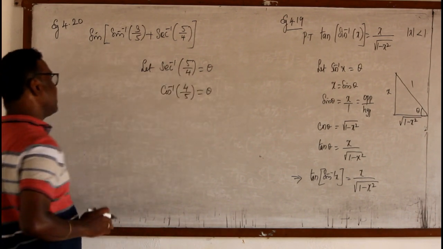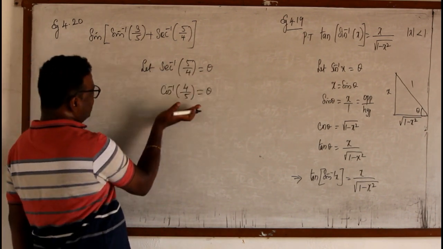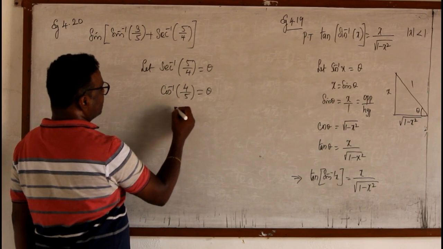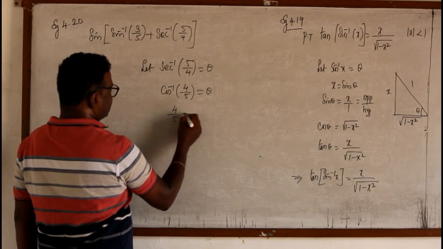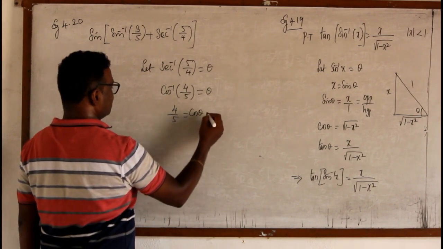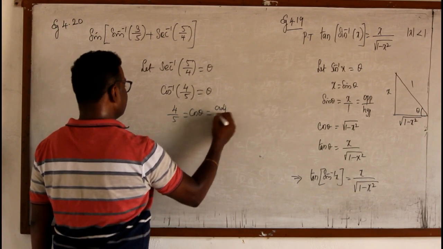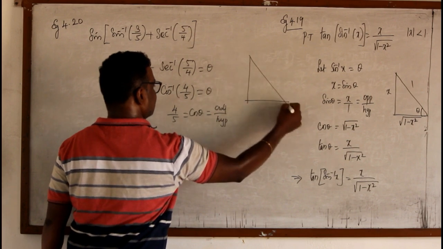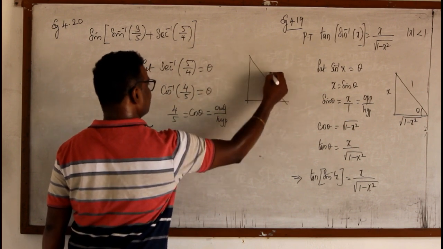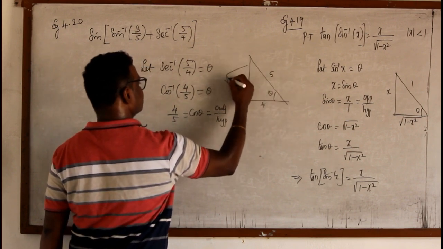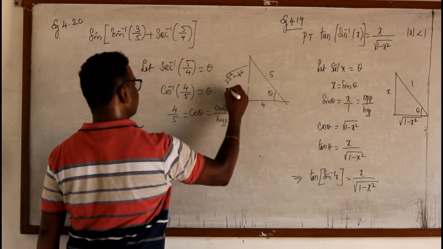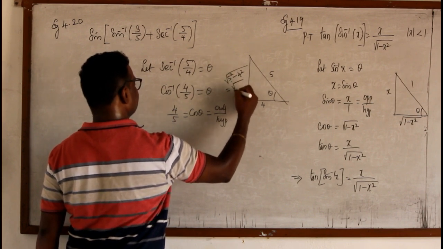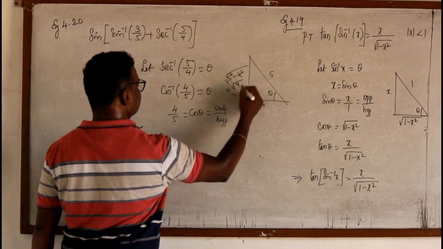If you are not understanding with respect to secant, you can convert the relation. Therefore, 4 by 5 is cos theta, which is your adjacent by hypotenuse. Suppose I take a triangle, and this is theta, this is 4 and this is 5, then this one is 5 square minus 4 square, 25 minus 16, 9, which is 3.